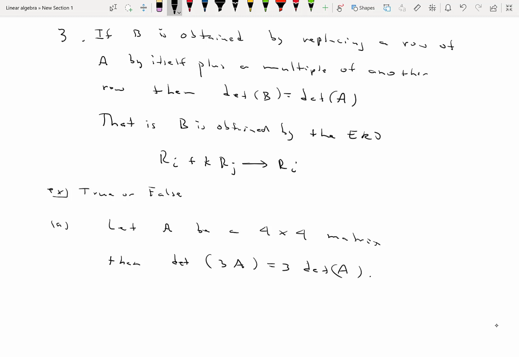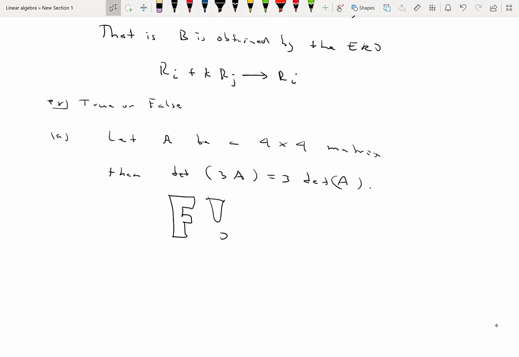So this can be fixed. This is false. This is a false statement. You can factor a 3 out of a single row, but when you multiply a matrix by 3, you're multiplying the first row, the second row, the third row, and the fourth row by 3. So how could we fix this?